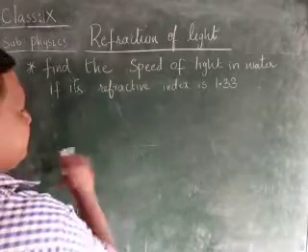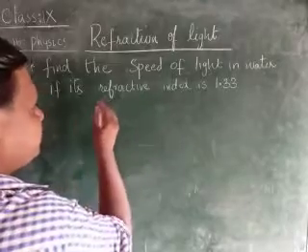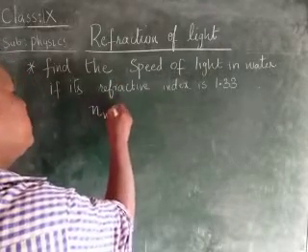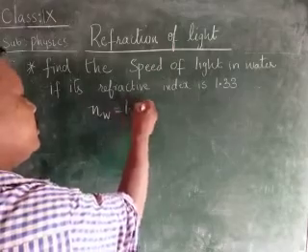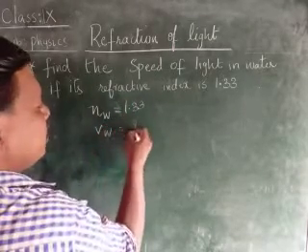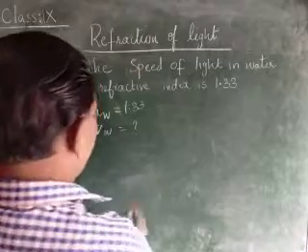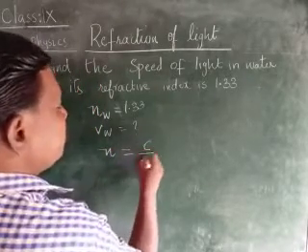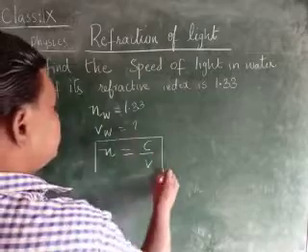Therefore, here, children, what is given? The refractive index of water is given, that is 1.33. What is he asking? He is asking the velocity of light in water. Normally we have the formula n is equal to c by v.